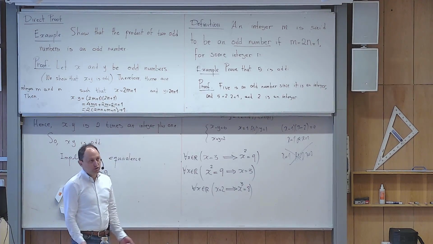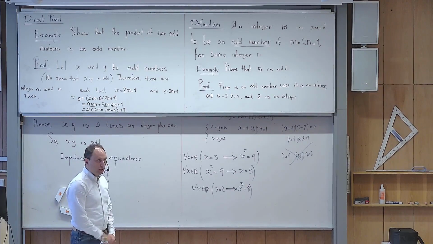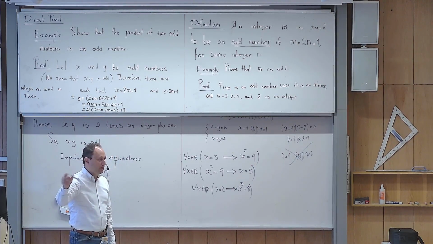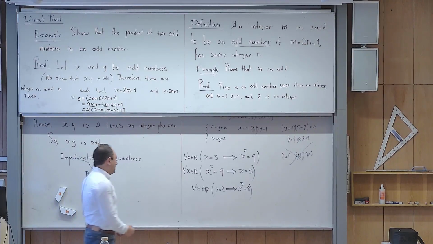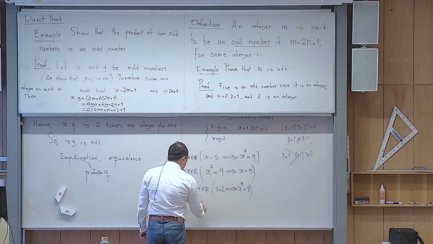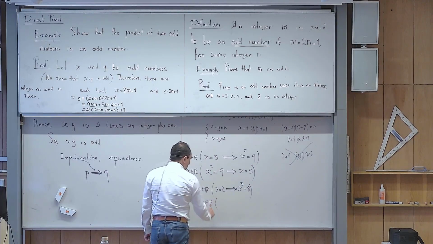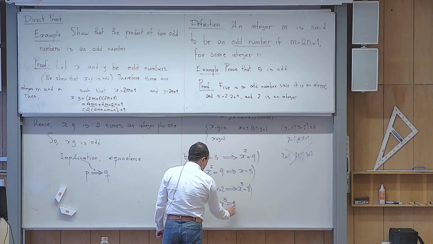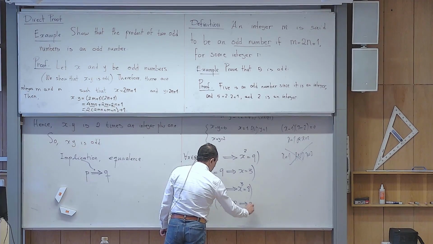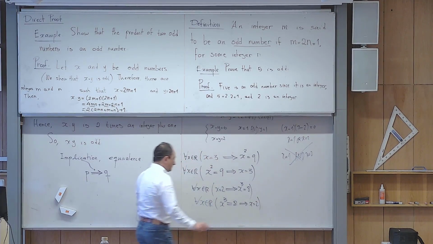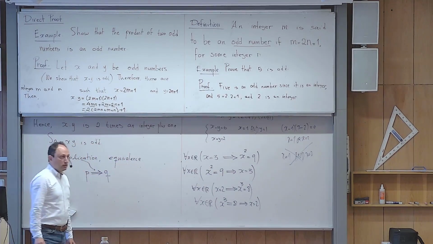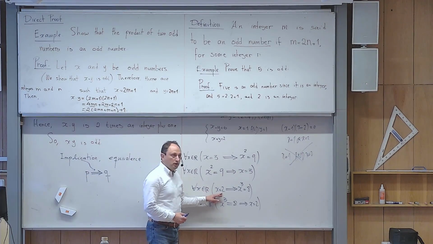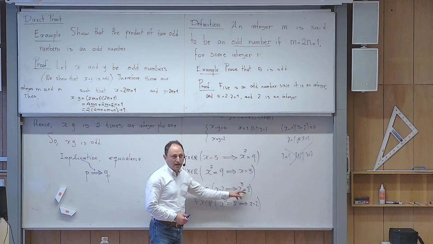Yes, because if you tell me x is 2, I can calculate x to the power 3 by writing x times x times x, which is 2 times 2 times 2, that is 8. Now let me write it the other way around. x to the power of 3 is 8 implies that x is 2. True or false? This one is true. So if x is 2, x to the power of 3 is 8, it is guaranteed.